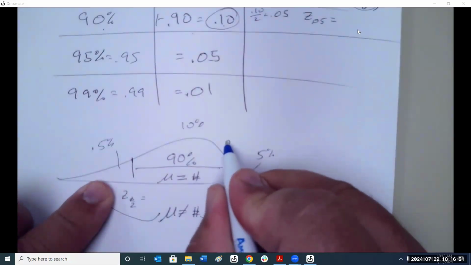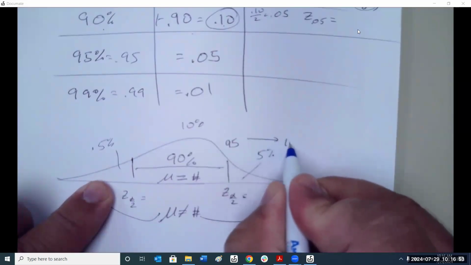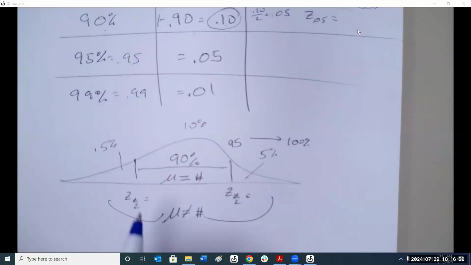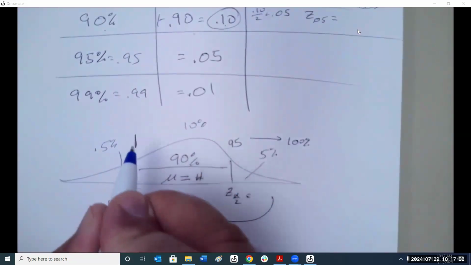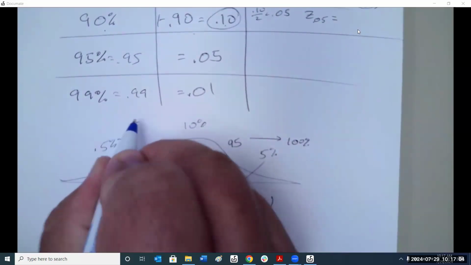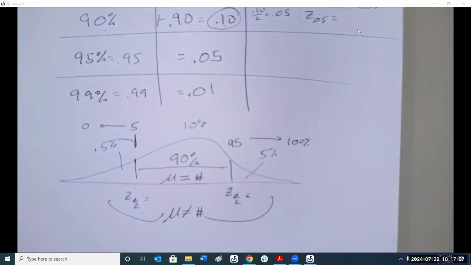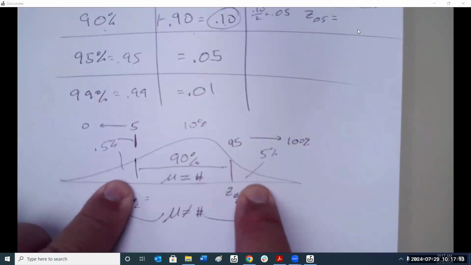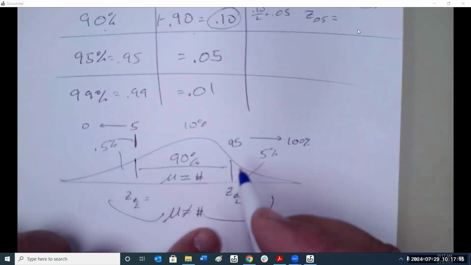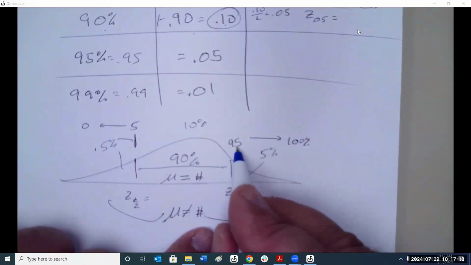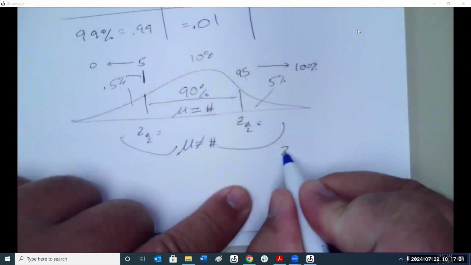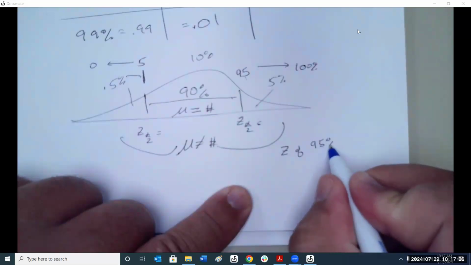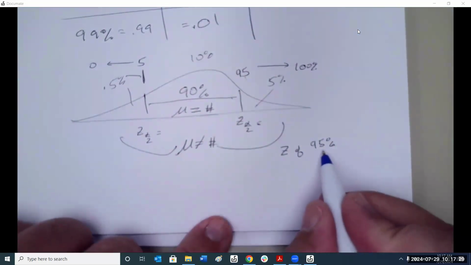So this one starts at 95 and goes to 100%, and this one starts at 5 and goes down to 0. Because these two 5s equal 10%, and the rest is here. So we have to find what Z value has a value of 95%.